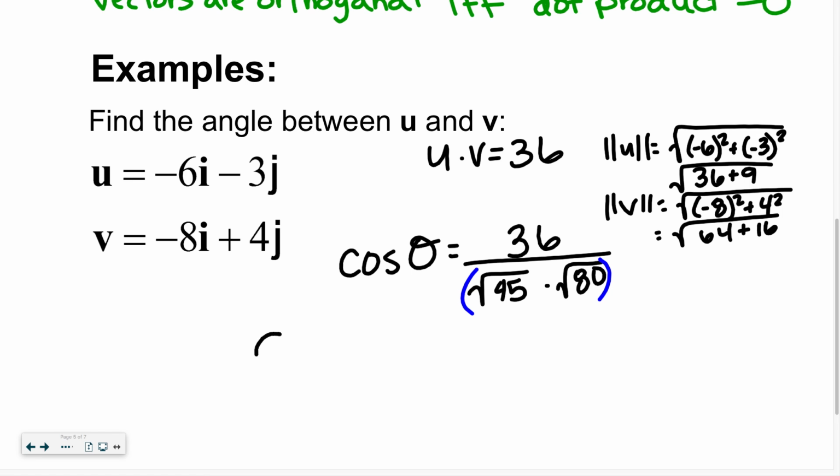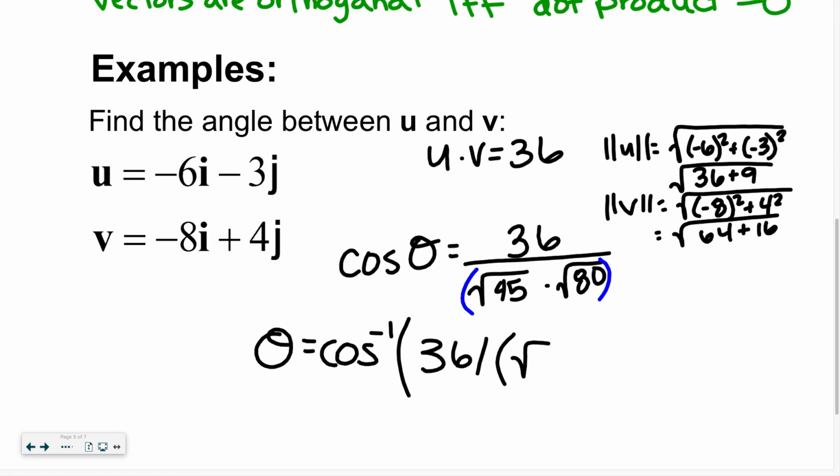I'm going to type into my calculator the inverse cosine of, and then I'm going to do 36 divided by parentheses, square root 45, I would have to close my parentheses, square root 80. Oops. Open a parenthesis right there. So something like that.